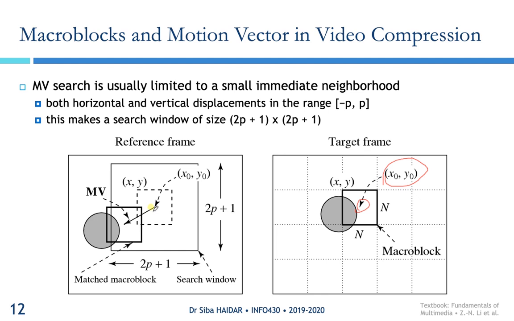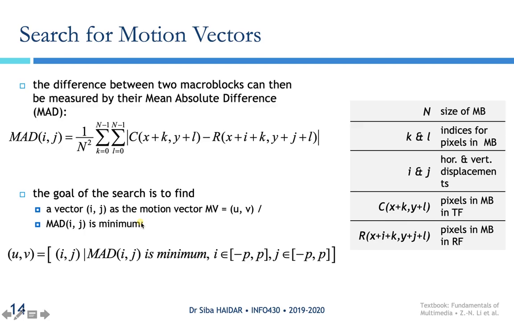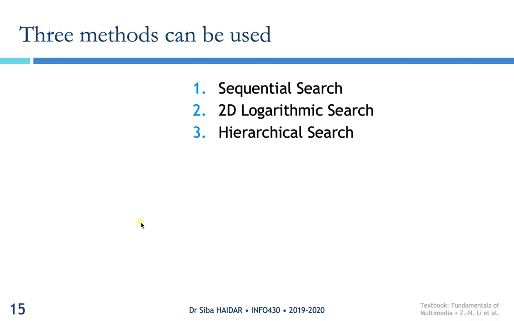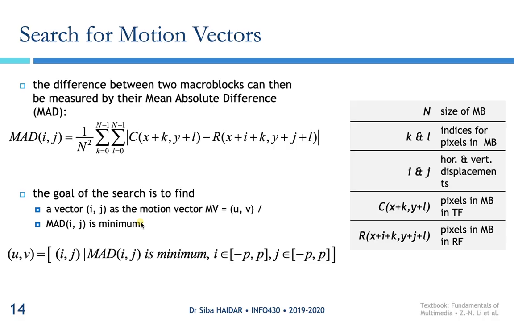So if you don't move, you will find the macro block at its place. If you don't find it, you search, you cover all the search window. Now, the question here, how do I search in all the search window? So we will see how to do this.